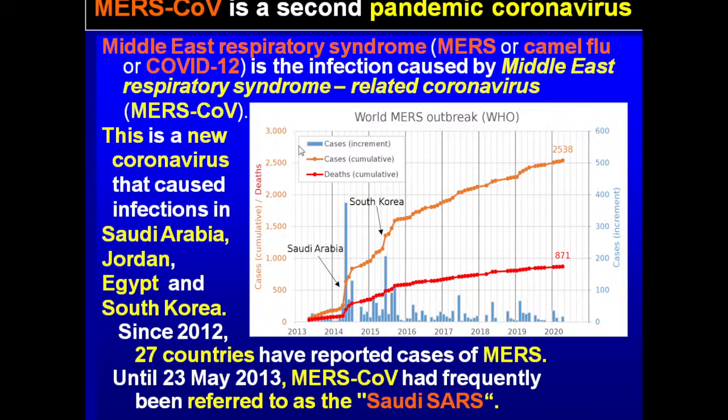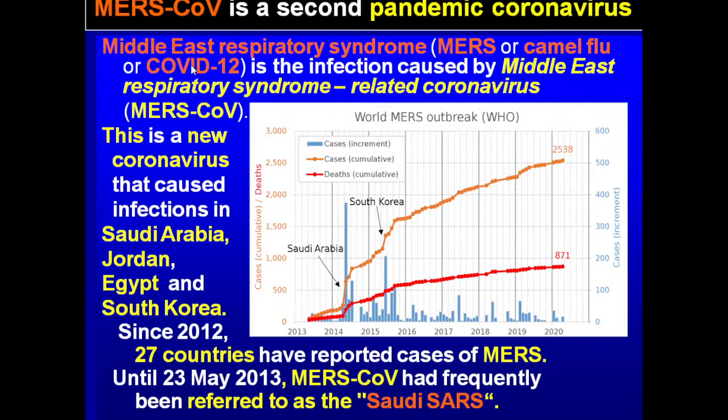Then the second virus to appear from the coronavirus family was the so-called MERS coronavirus. So that was the second pandemic coronavirus. MERS means Middle East Respiratory Syndrome. In other words, it had been called camel flu or COVID-12, because 12 indicates 2012, the year it appeared.